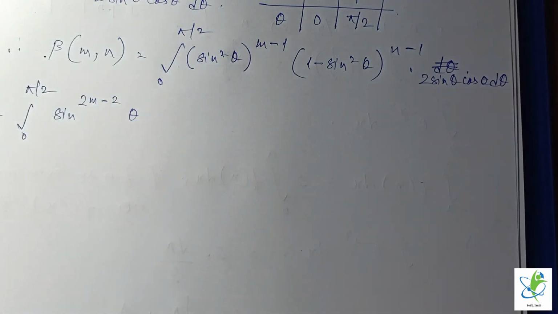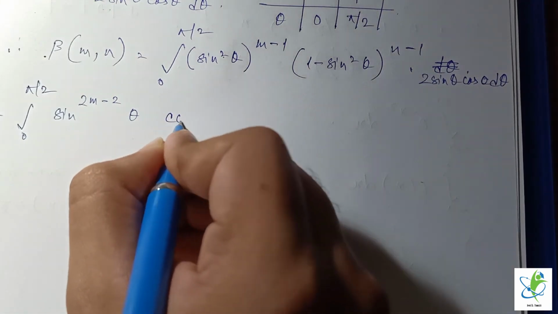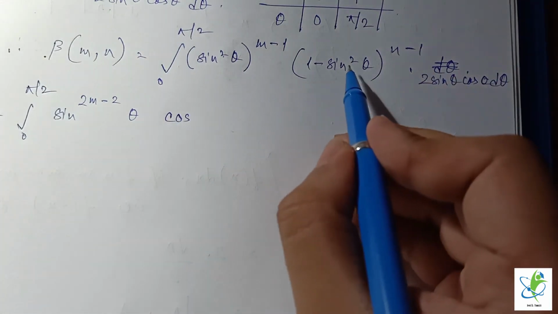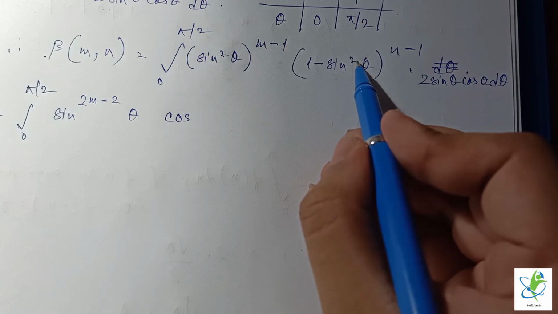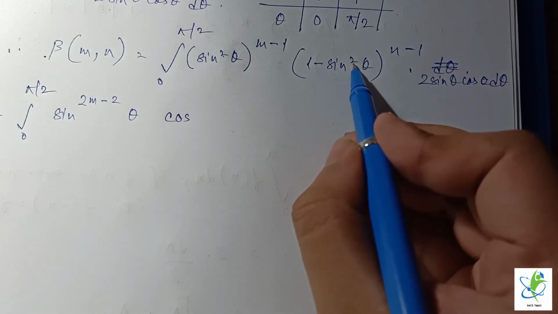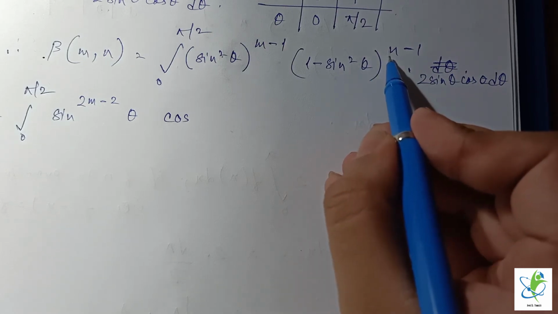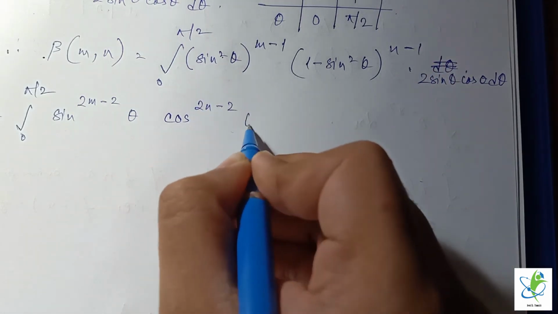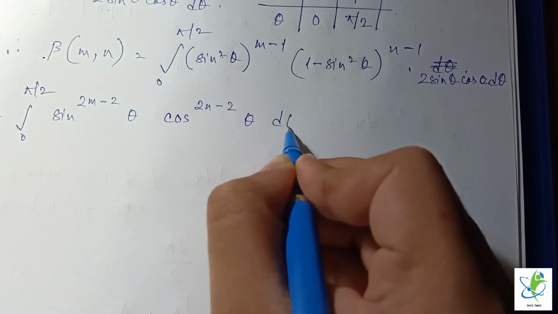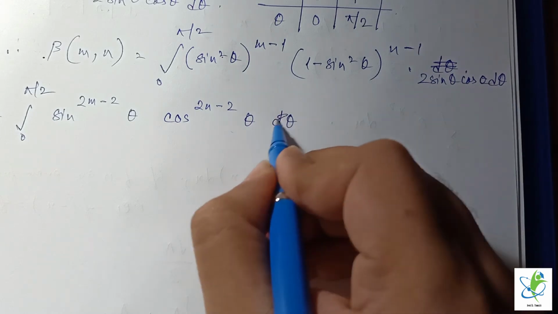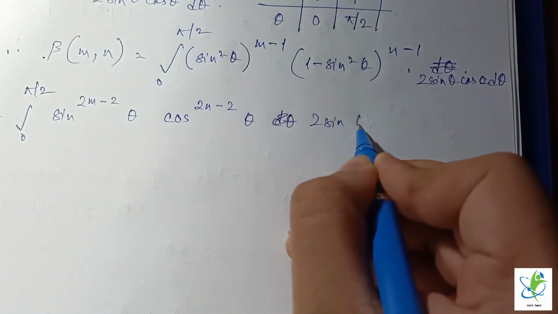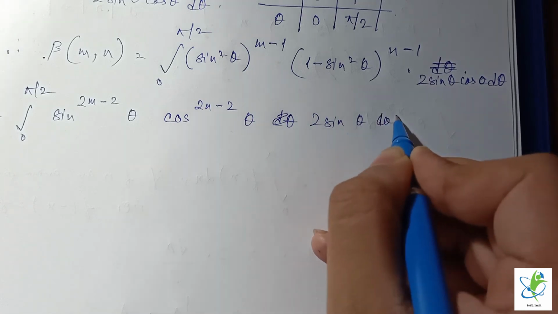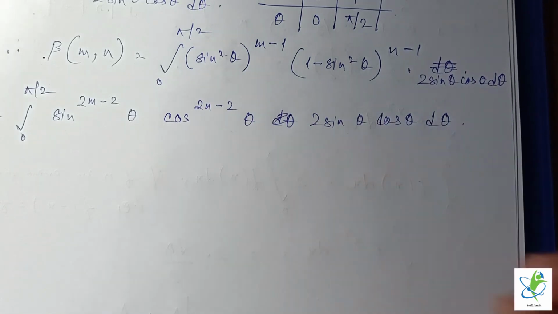And 1 minus sine square theta is cos square theta, so upon multiplication the power will be 2n minus 2, cos 2n minus 2 theta, and then 2 sine theta cos theta d theta.